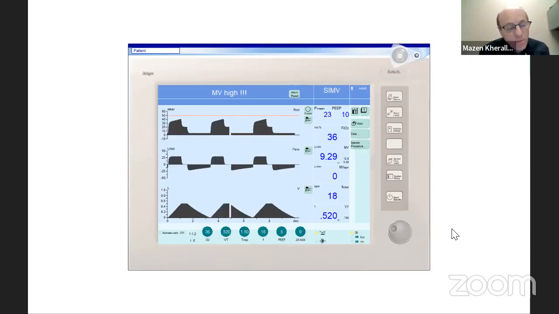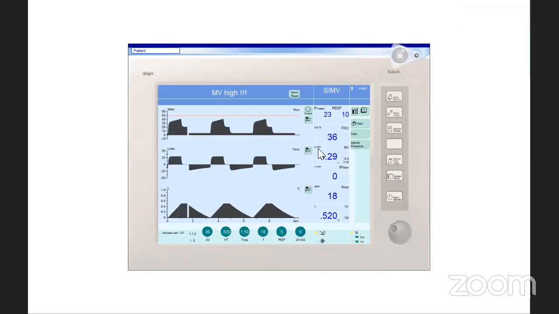Okay, so let's try to organize our thoughts. Remember, I gave you that the CO2 is 44 or 45, and the pH is 7.36. What does that mean? It means this patient has a minute ventilation of 9 liters, right? Yes. We can see that.